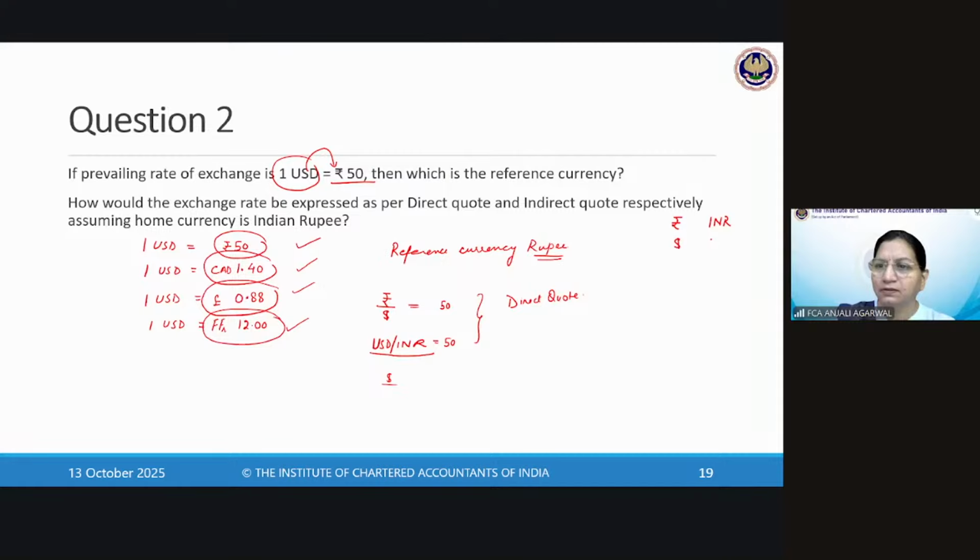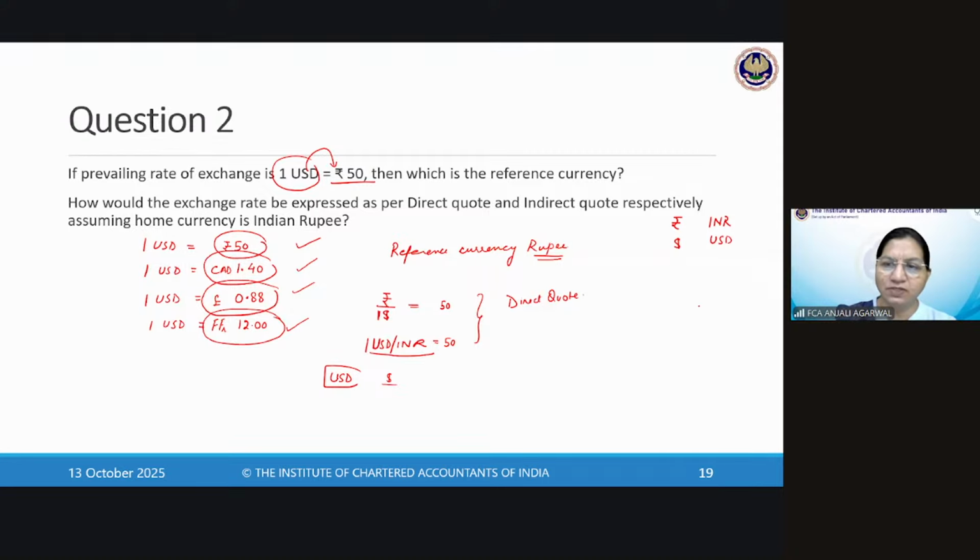Ma'am, I am understanding, but it will be INR by USD, no? If you write it like this in the code, this is 1 USD, how many INR equal to 50? This is how it is read, convention. But if you're writing the symbols, you can write rupee by dollar. Here, $1. Okay?